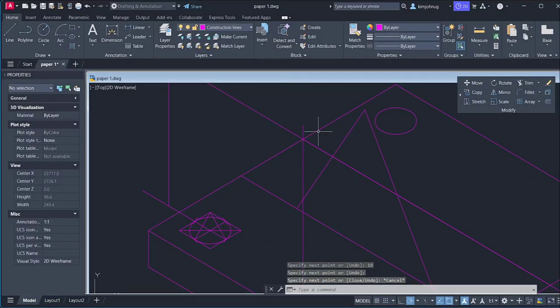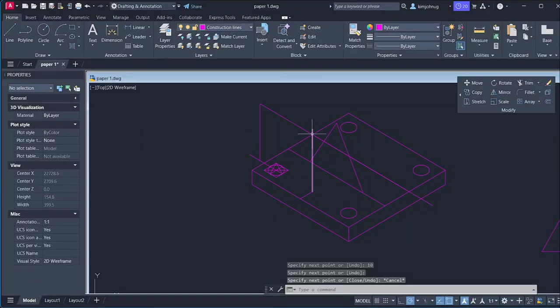I think that was 90. So the center of this line is here. It has a diameter of 40 millimeters.